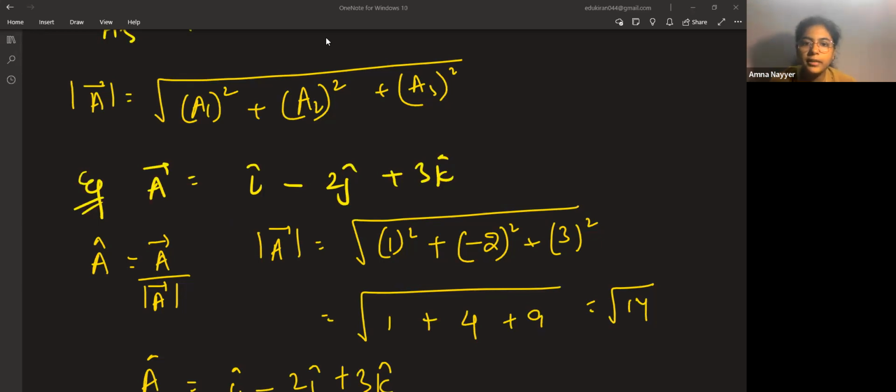Vector as it is, I cap minus 2j cap plus 3k cap, divided by its magnitude. And how do we take the magnitude? Under root, the square of the coefficient of I cap, plus the square of the coefficient of j cap, plus the square of the coefficient of k cap. Then we take the ratio. That way we have obtained the unit vector.